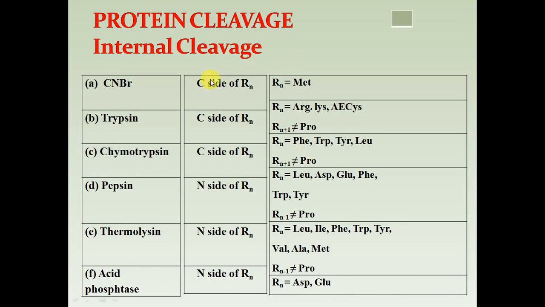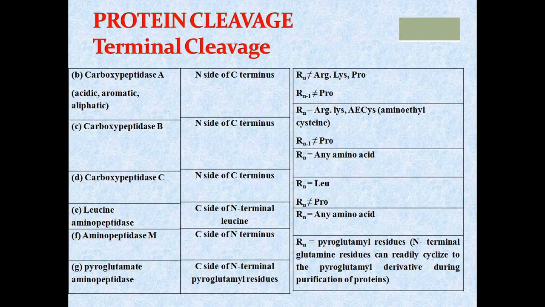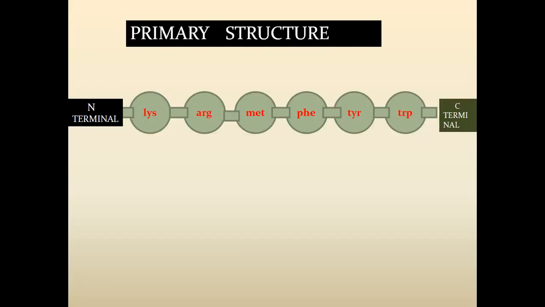These reagents perform internal cleavage. CNBr, which is cyanogen bromide, cleaves the C side of Rn. That means I can describe it to you. Suppose this is the R, that is methionine, cleaved by cyanogen bromide.